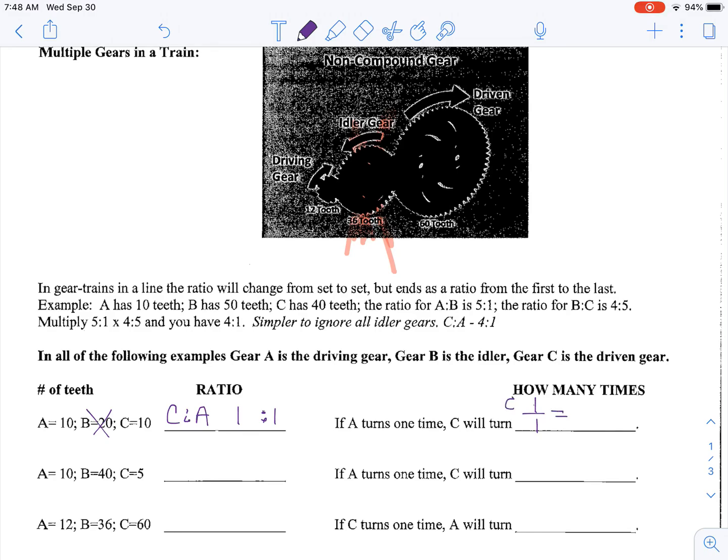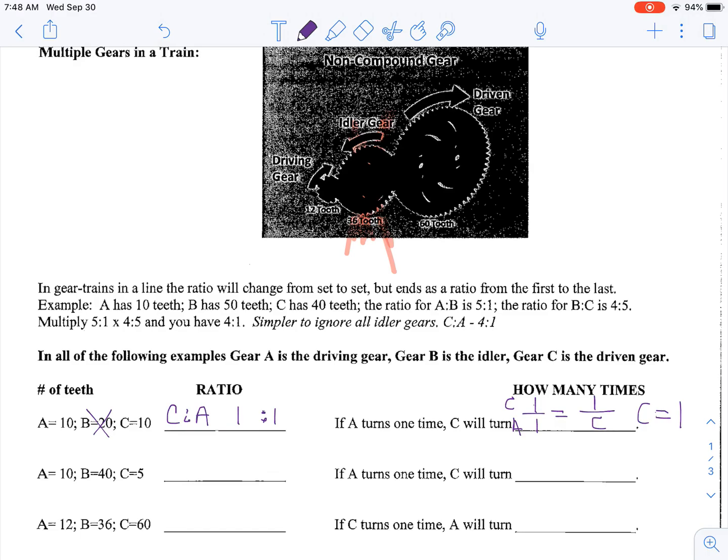And this is C and this is A. And they say if A turns one time, I put the A up here, the 1 up here. This one's very simple because it's a 1-to-1. 1-to-1 means that they're doing exactly the same thing. So you don't even really need to do the proportion. But you'll find out that C will turn once.